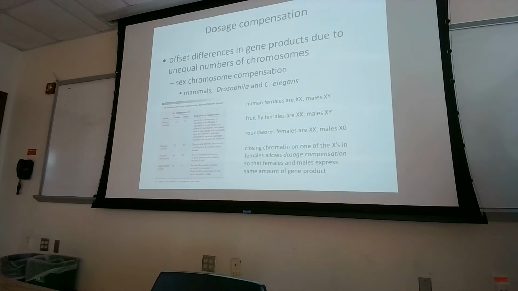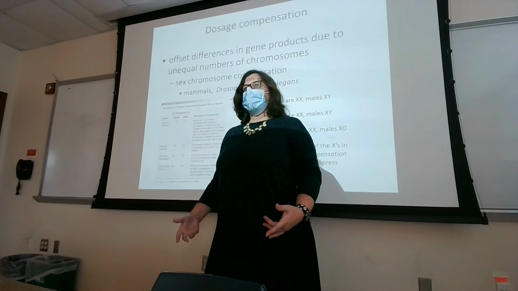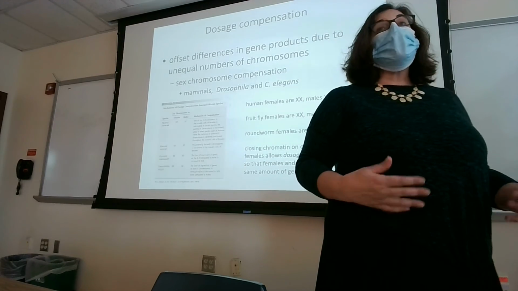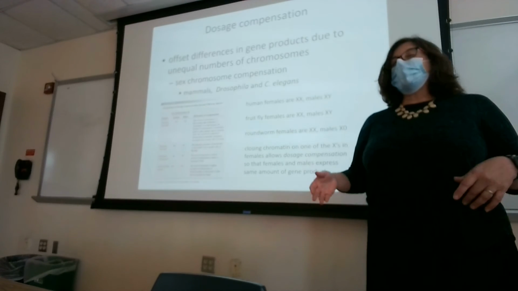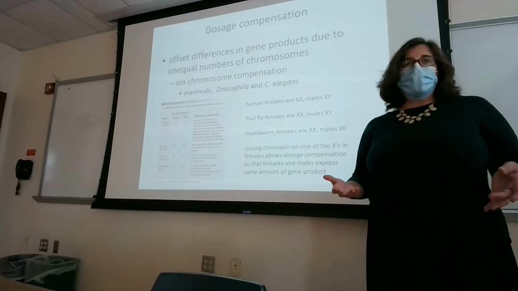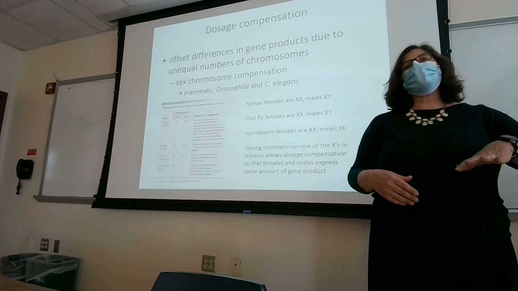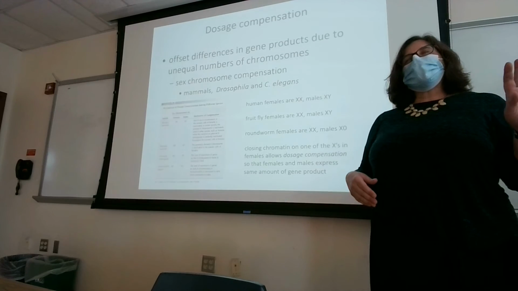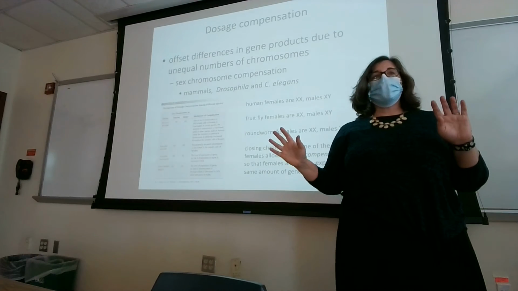All right, so mammals also have an interesting phenomenon of epigenetic modification that is normal. And that normal epigenetic modification has to do with something called dosage compensation. Dosage tells us that the higher the dose, the more effect, the lower the dose, the less effect. When you think about the chromosomal difference between males and females, females have 2 X chromosomes, males have 1.